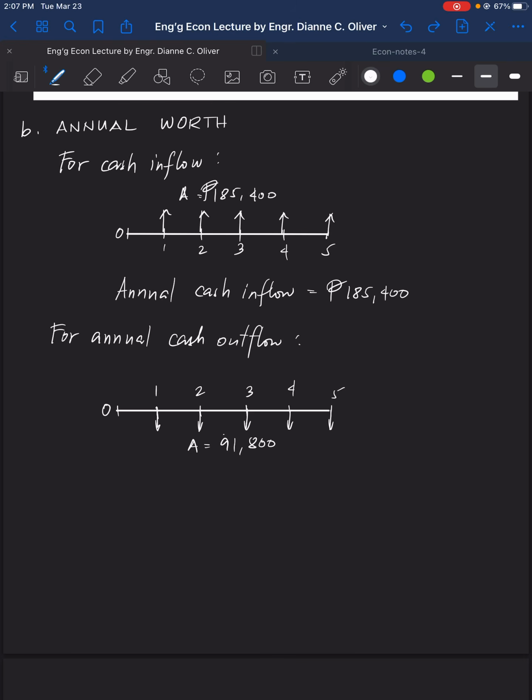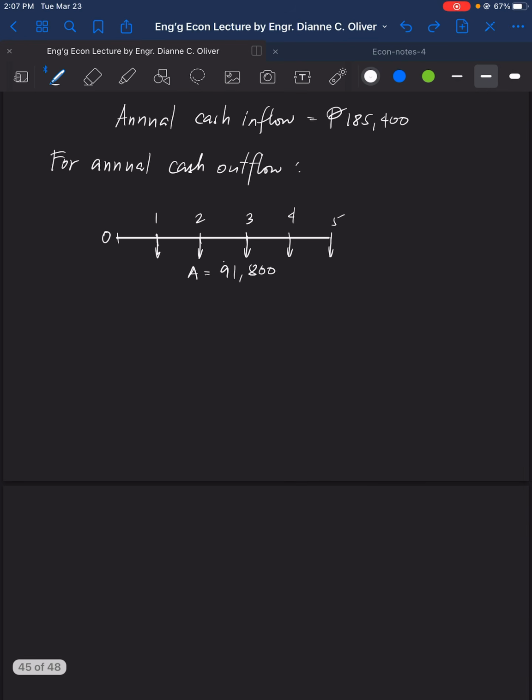So in interest on investment, the first cost, which is 270,000, is actually I. Let's put here I. 270,000 multiplied with 0.25.